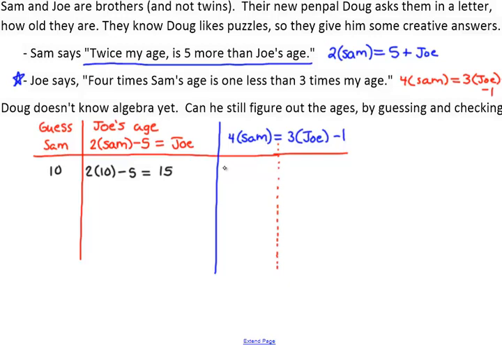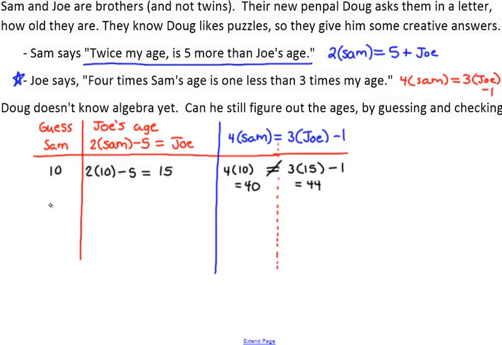What we're saying is if I take 4 times 10, which is Sam's age, I should get the same as 3 times Joe's age minus 1. Well, 4 times 10 is 40, and 3 times 15 minus 1 is 44. So they're not the same. Now we try another guess.